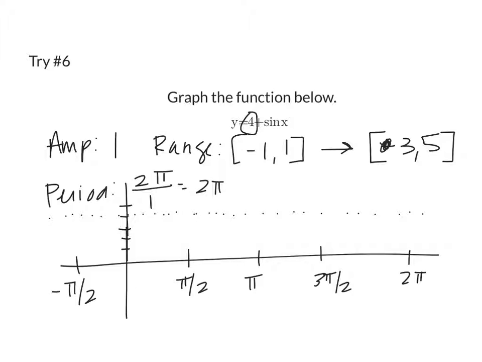From there, I just plot what I know to be the sine curve. As a reminder, sine of 0 is 0, and if I multiply 0 times 1, I still get 0, but I have to add 4 to that, and I get 4. So I'm starting on what would be the x-axis, but now it's been shifted up 4. Sine of pi over 2 is 1. 1 times 1 gives you 1, and then 1 plus 4 is 5, so it goes up 1.